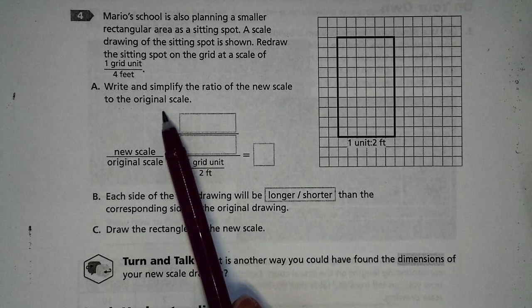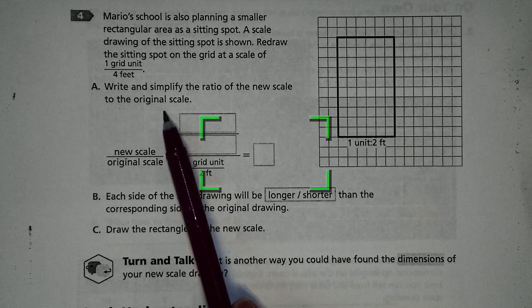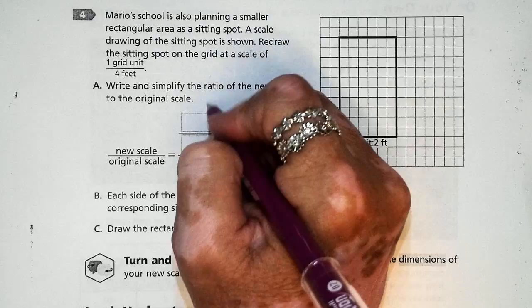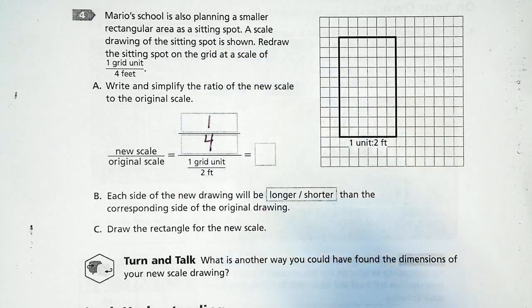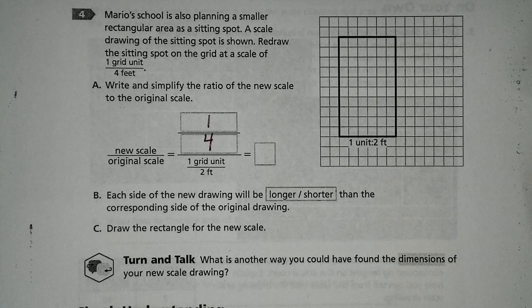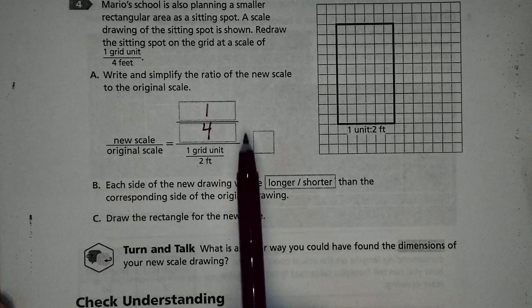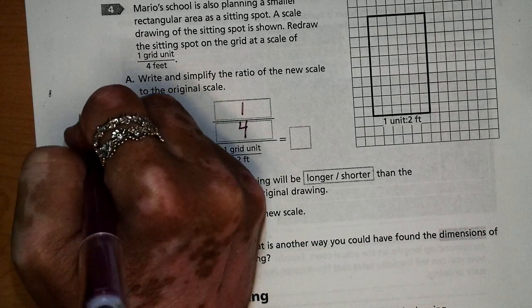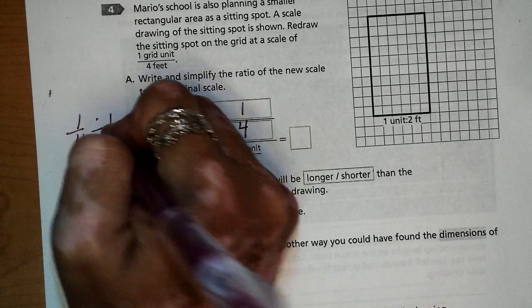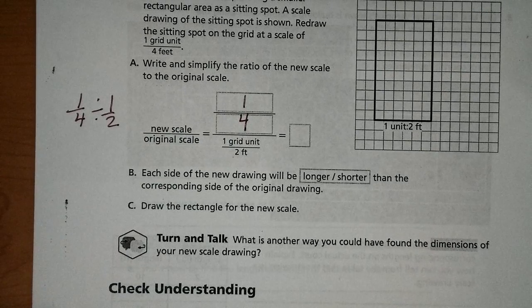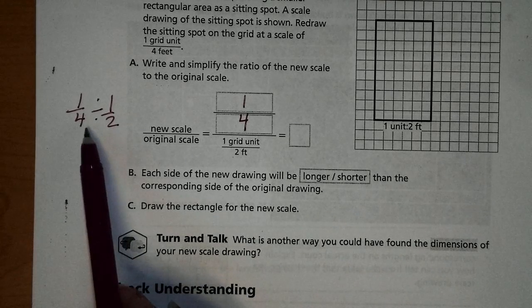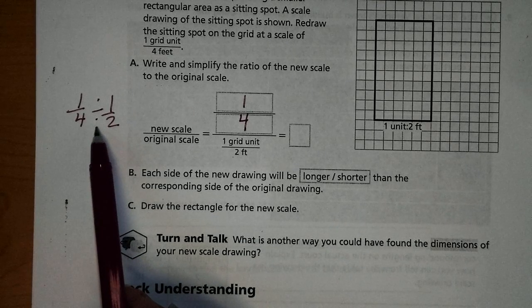So, write and simplify the ratio of the new scale to the original scale. Okay, so the new scale is 1/4. The old one is 1/2. So remember, what does this mean? It means it's 1/4 divided by 1/2. So we've been working with these division of fractions. So remember, what do we do to this division symbol?